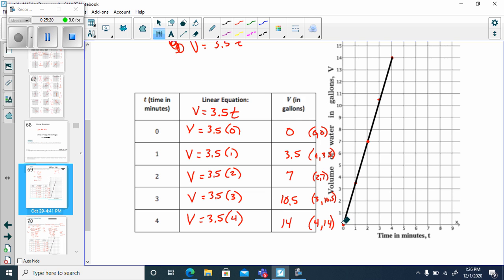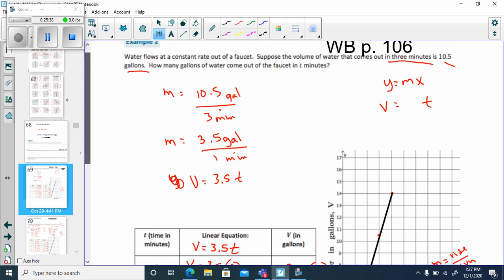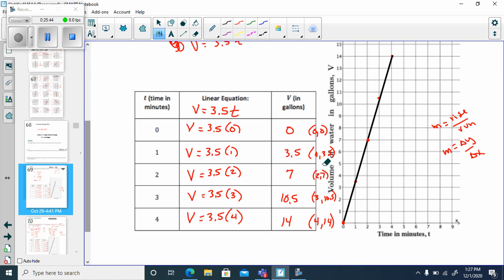Let's do our right triangle. Remember, our slope is equal to change in y over change in x, which is rise over run. Let's see if we can find our m for this equation without having to go through all of this other stuff. Let's see if we can just simply find it by doing rise over run. Well, let's look.